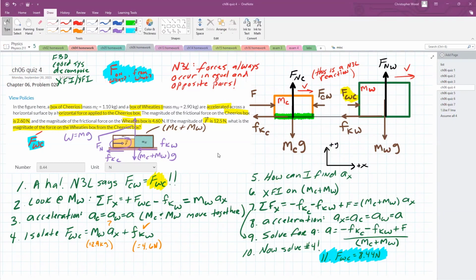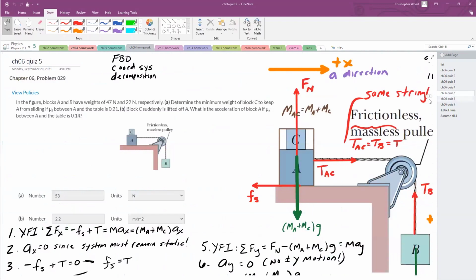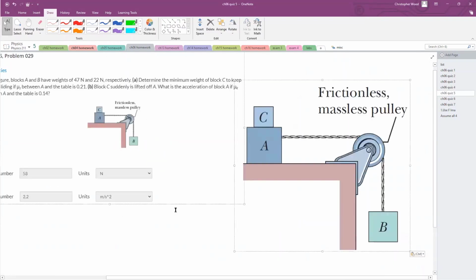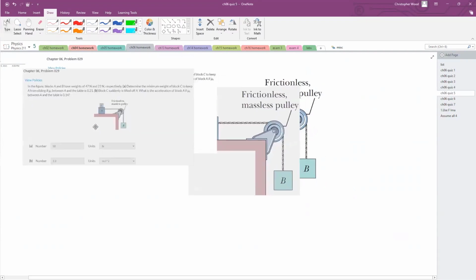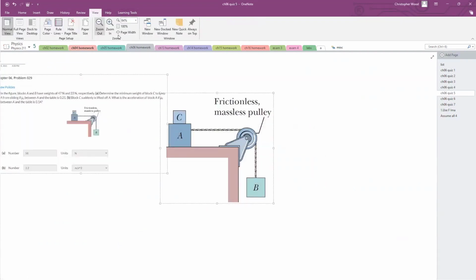Let me check status. That was chapter 5, quiz 4, chapter 6, quiz 4. Everyone's done. All right, last quiz, I think, isn't it? Yeah, this will be the last quiz. Chapter 6, quiz 5, I think is looking like this. One more.